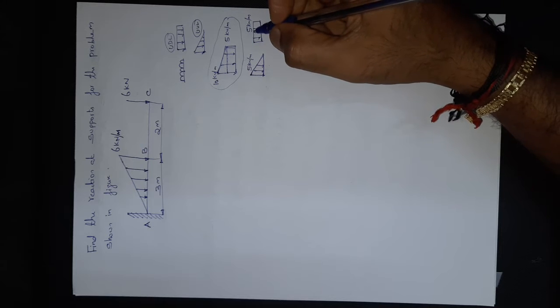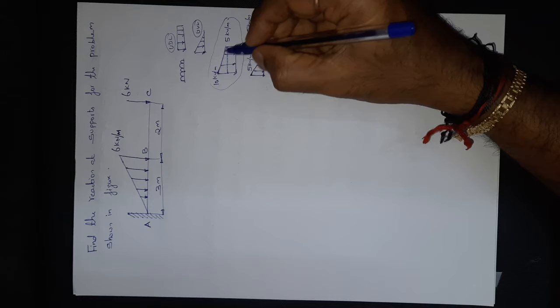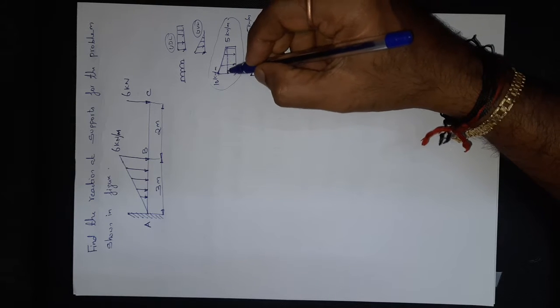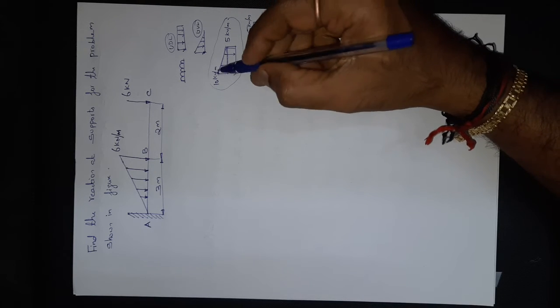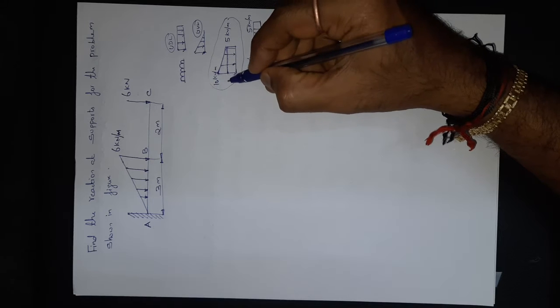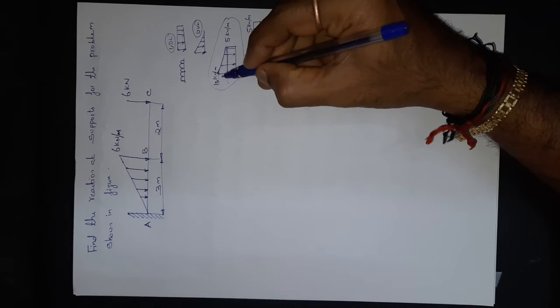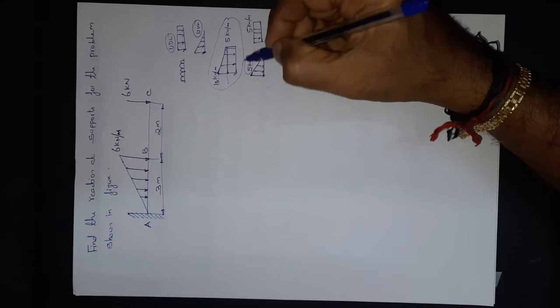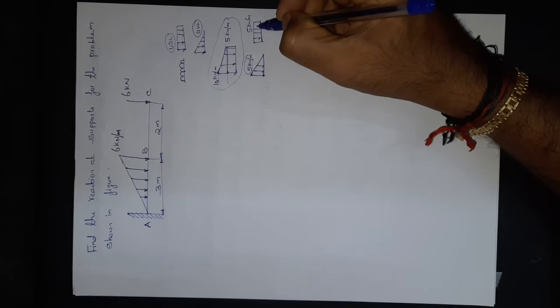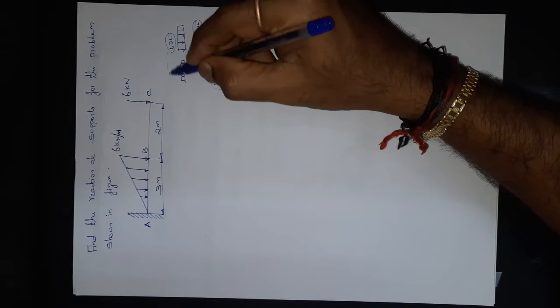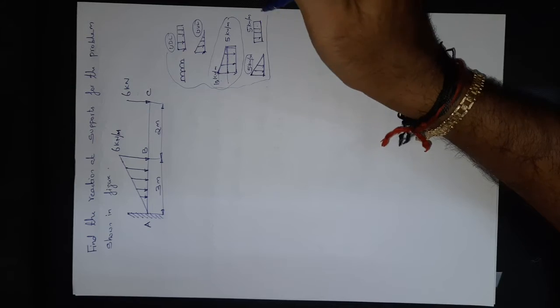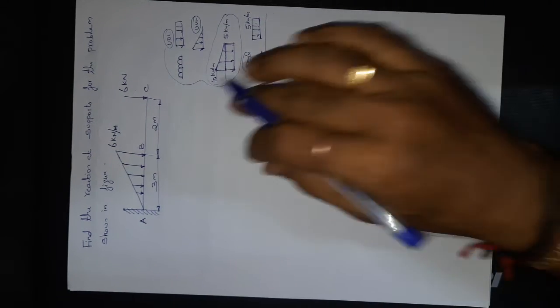So don't get confused when the problem shows such a figure. That's a combination of UDL and UVL. So the total intensity would be given here, then you'll have to minus this value. 10 minus 5, you'll get 5. And up to here it is 5. So that's it, 5. Right? This is irrelevant to this problem, but just for your knowledge, I'm clarifying here.